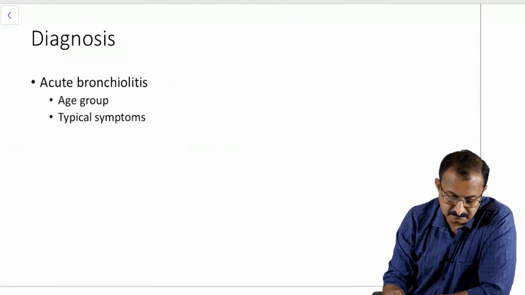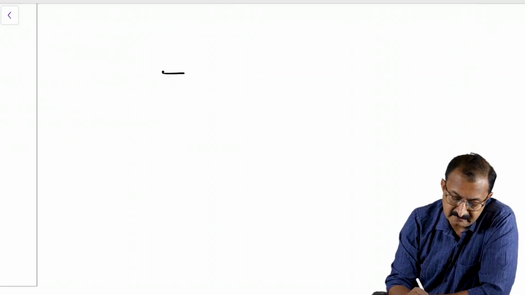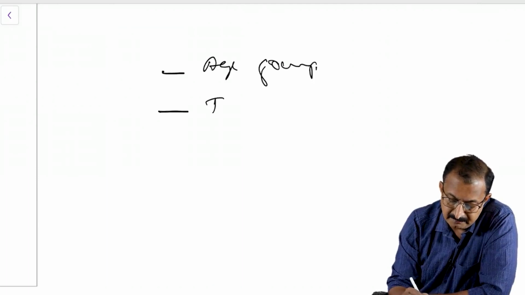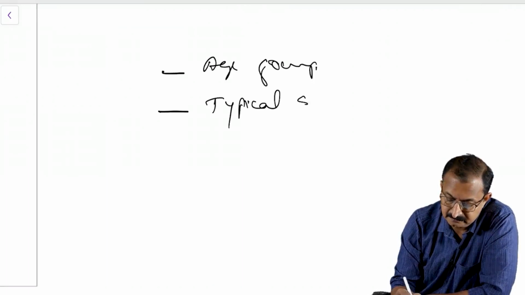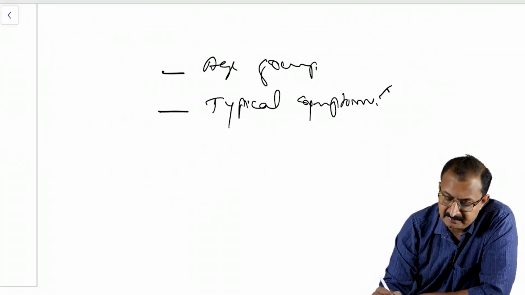The points favoring acute bronchiolitis, one is age group, typical symptoms. Typical symptoms means an otherwise normal child developing upper respiratory symptoms, low grade fever and cough, which is initially mild.